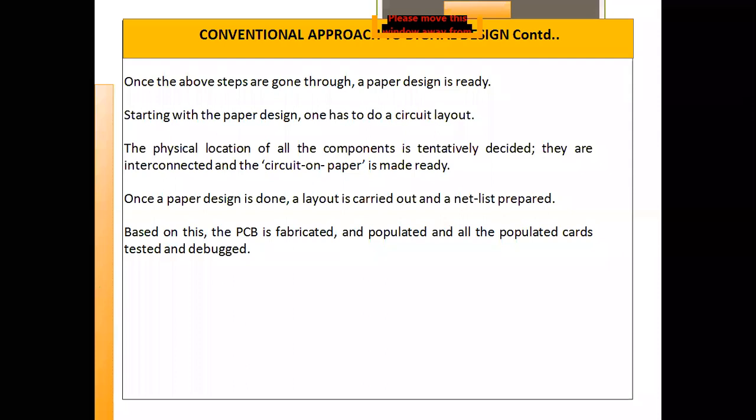For that, first you are identifying some particular inputs. By combining those inputs, you have to get that particular output. To do that, we are identifying some circuits, and that means some components. Those components have to be utilized.